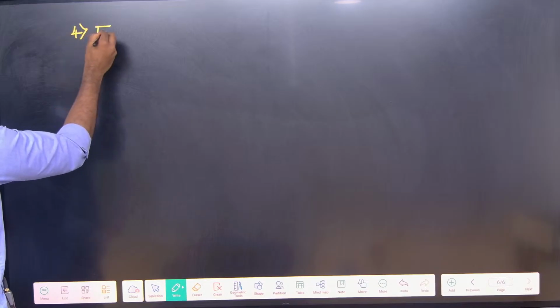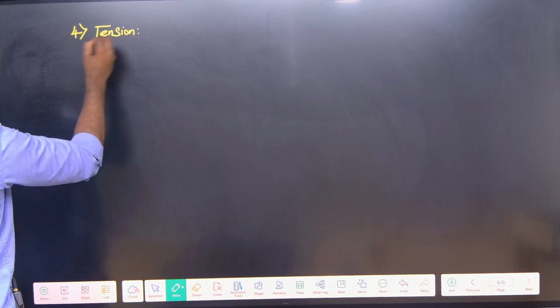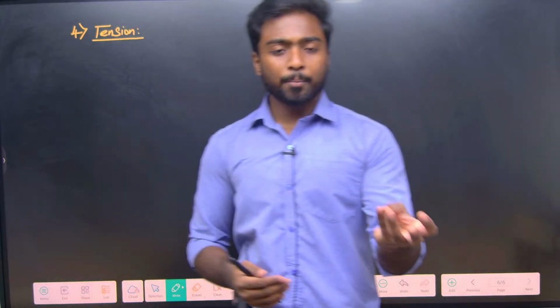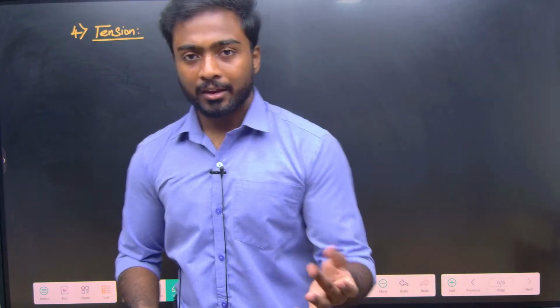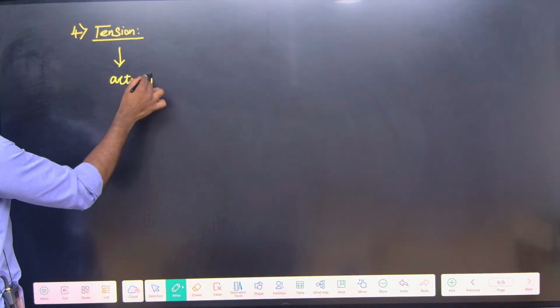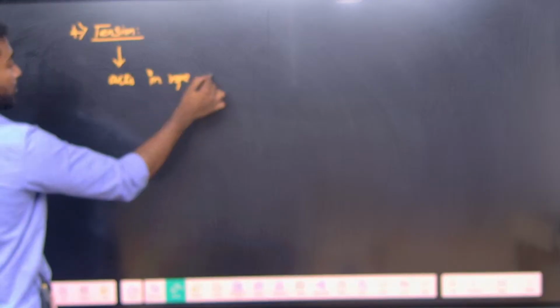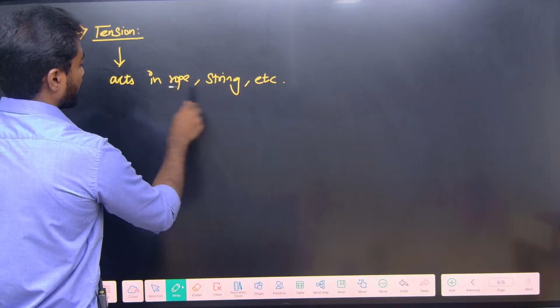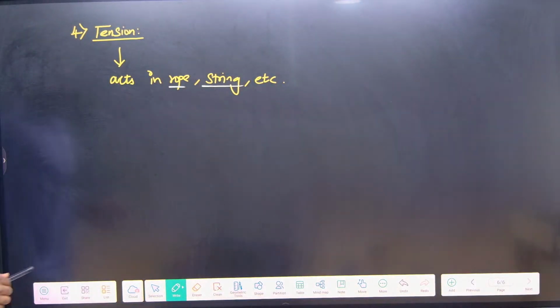Okay, now the fourth one is tension. So where does tension act, sir? Tension always acts in a rope, string, etc. Sorry, it's not spring. Spring is separate, spring force is there. String, rope.